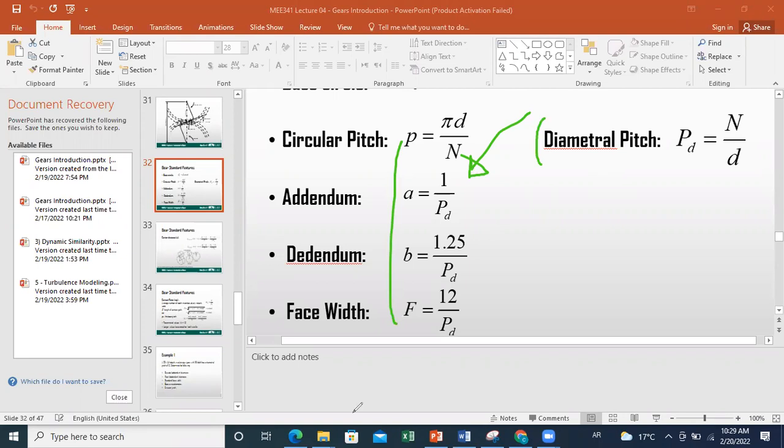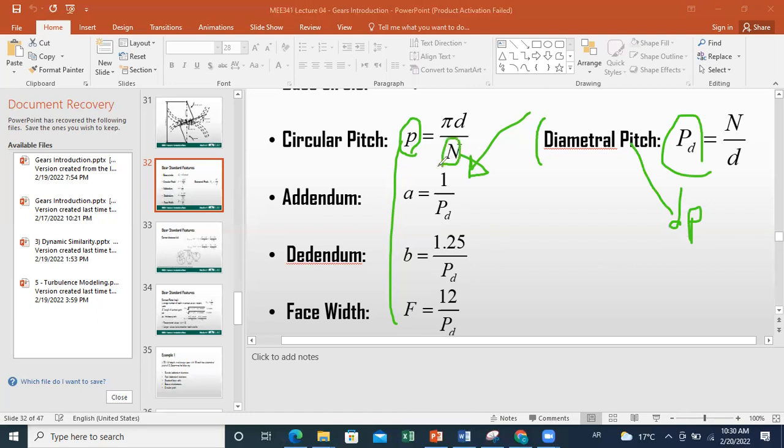But just to be able to do extra problems, you should know what the different possibilities are. So in general, we assign circular pitch by P, the diametral pitch by PD. If you see it as DP also, it can be used for diametral pitch. Now for addendum, dedendum, we use A and B. And for face widths, we use F. And in this book, we use for the number of teeth, big N.